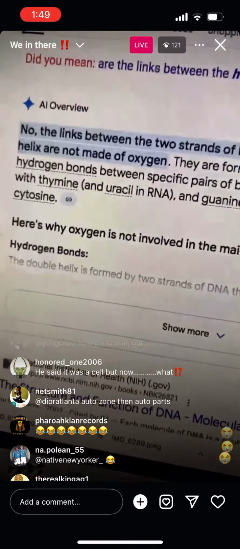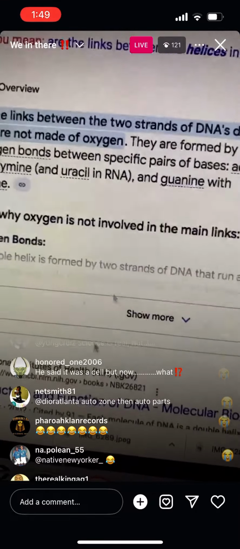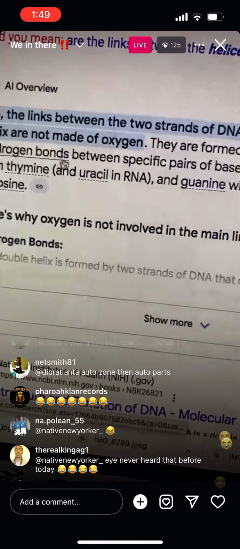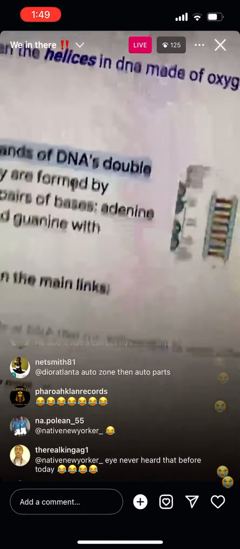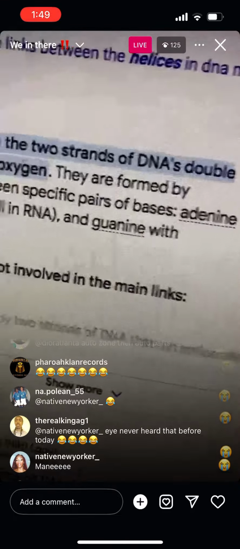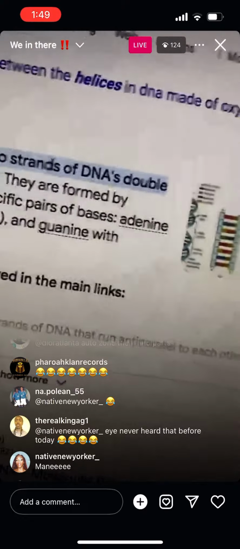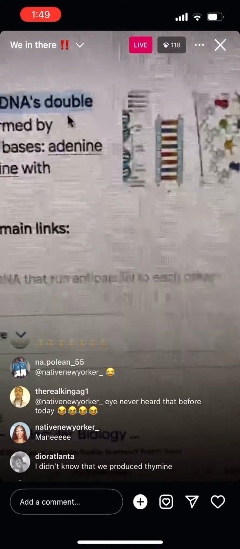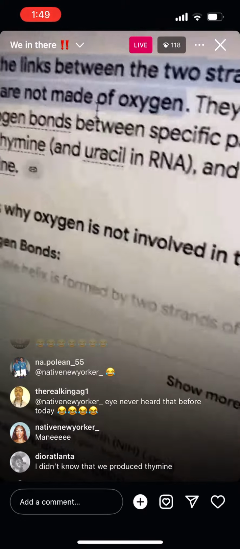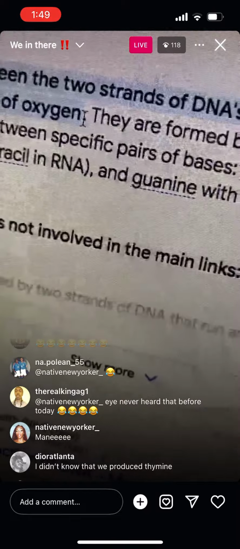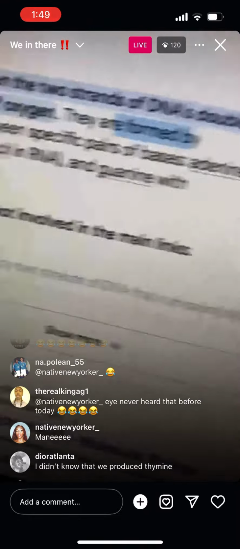So they just said, we got hydrogen links because we got DEA. But this clearly says no. The links between two strands of DNA, double helix, are not made of oxygen. Have you been listening?